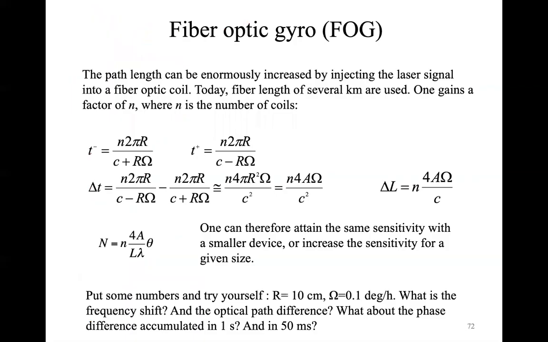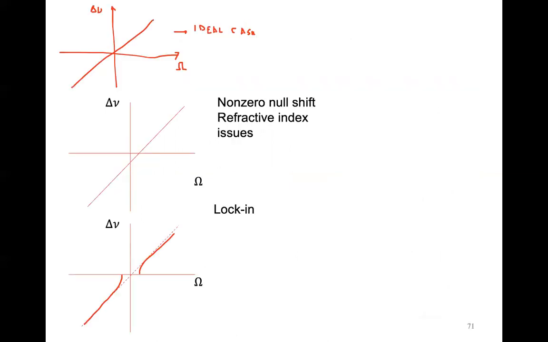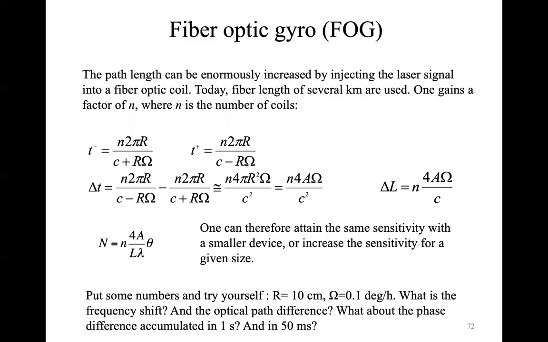So one of the alternative configurations of the laser gyroscope is the fiber optic gyroscope. The fiber optic gyroscopes offer the possibility to avoid these issues that I have slightly discussed here, but also to solve one of the major issues of the ring laser gyroscopes.